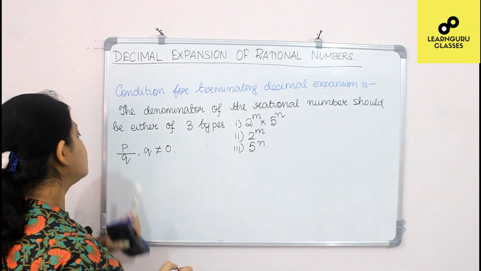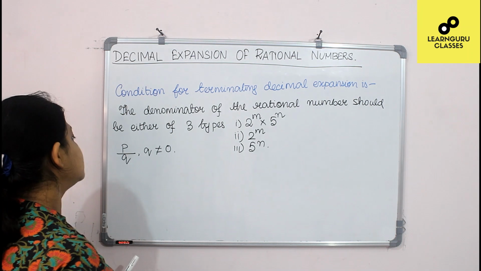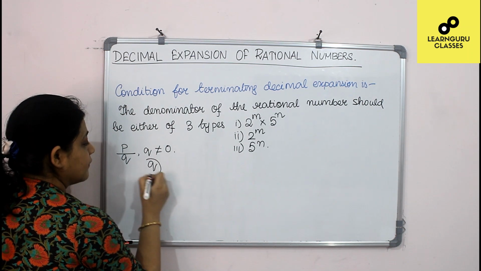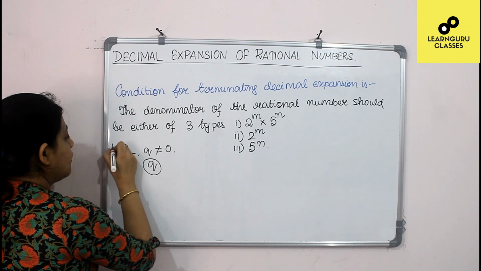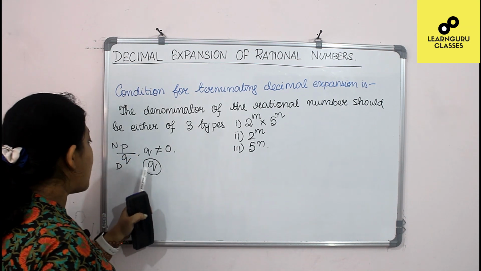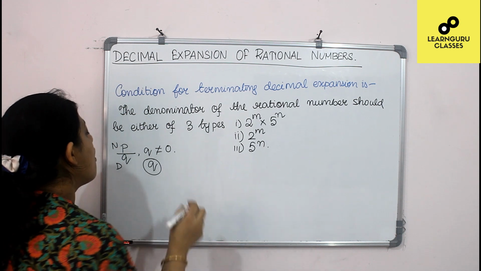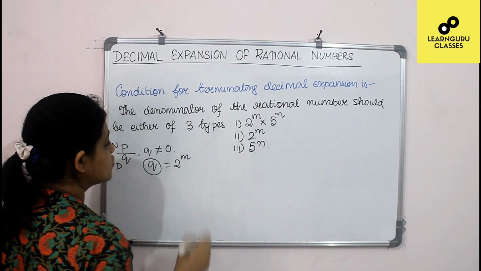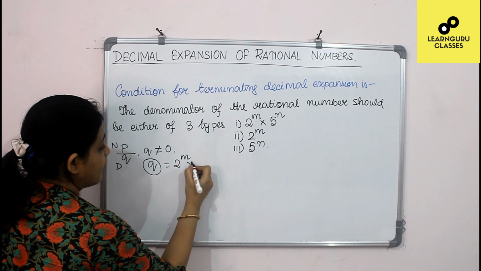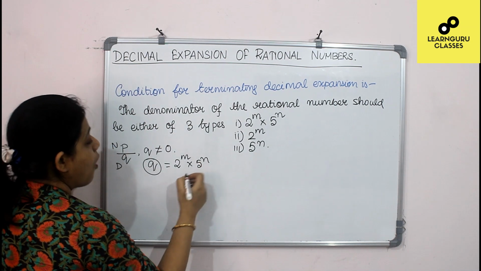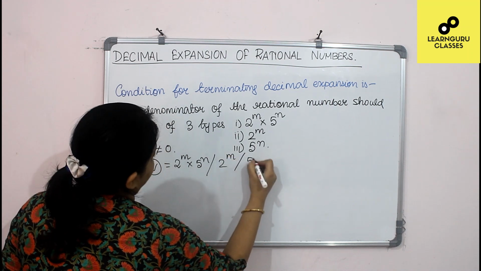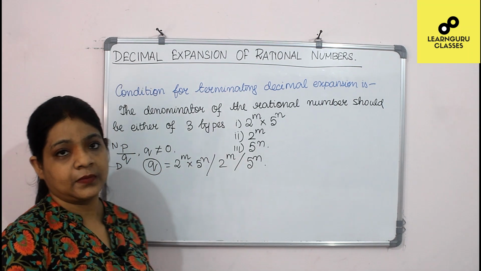Q is the denominator, p is the numerator. Now the value of q should exist in the form of either 2 to the power of m into 5 to the power of n, or 2 to the power of m, or 5 to the power of n.